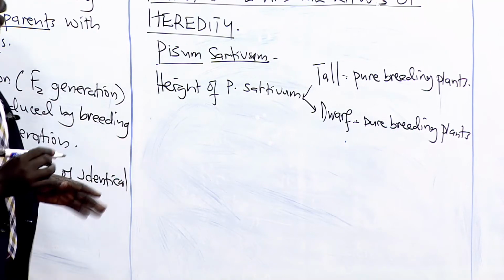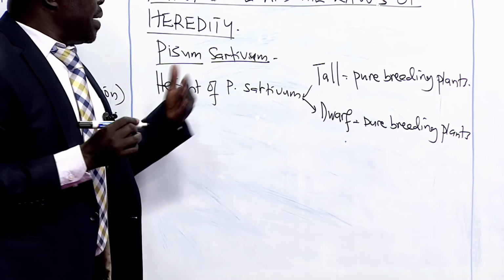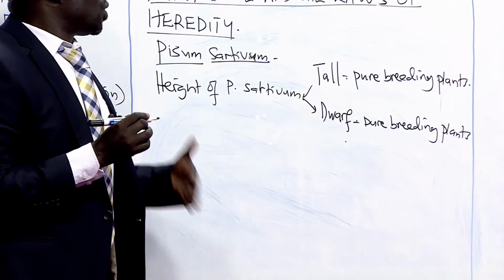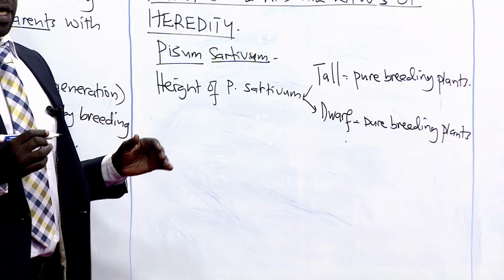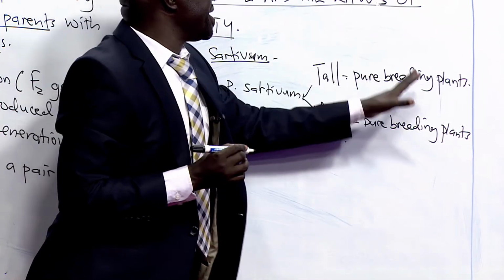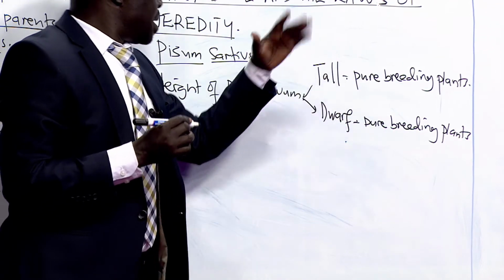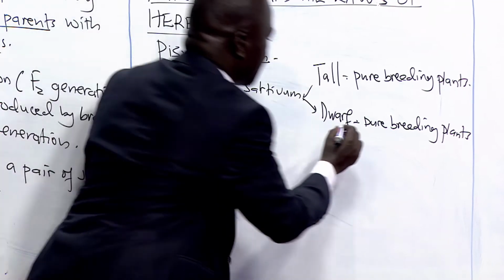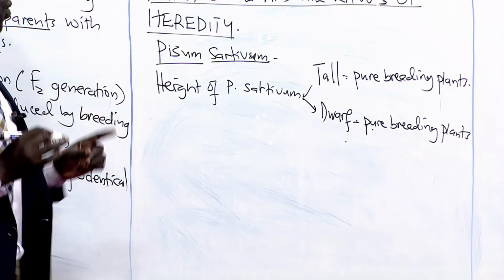After cross-pollinating plants of the same characteristic, tall with tall, over several generations, he called them pure breeding tall plants. Then there are also pure breeding dwarf plants. When he did that, he said, fine, let me now do something.